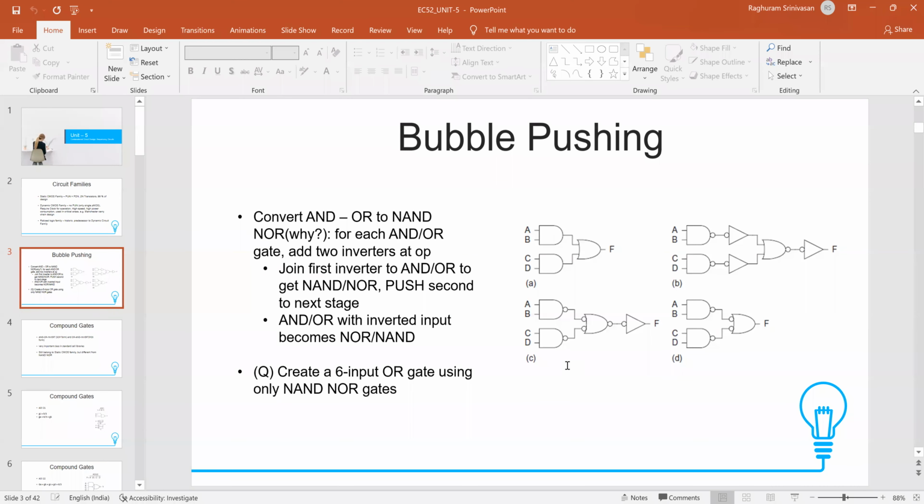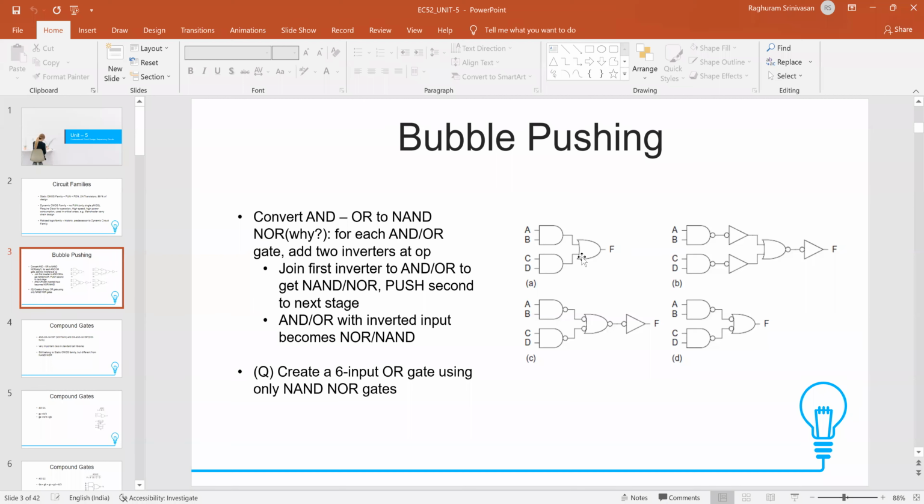I'll not do this in detail, but this approach is basically called the method of bubble pushing. Just like the name says, the bubble is for the inverter. The idea is this first figure, figure A. It's implementing some function which is AB plus CD, in terms of AND gates and OR gates.